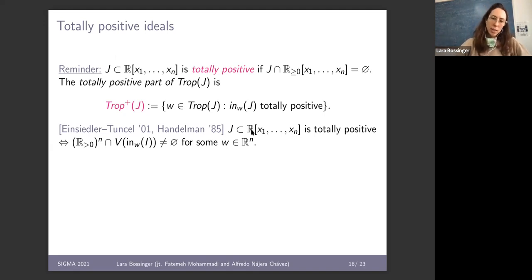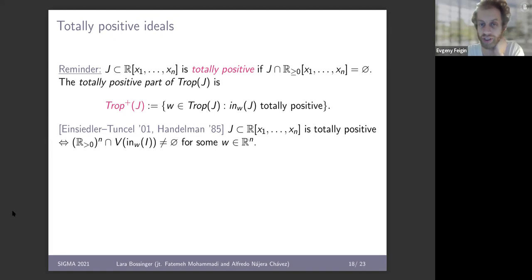If I have an ideal in a polynomial ring with real coefficients, it is totally positive if and only if I can find some weight vector in R to the n such that the vanishing set of the initial ideal of J with respect to this weight vector contains a point in the positive orthant.